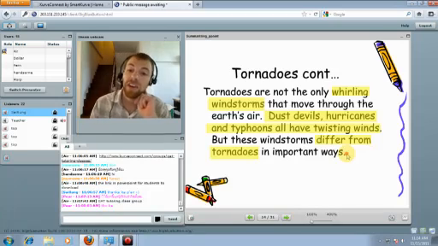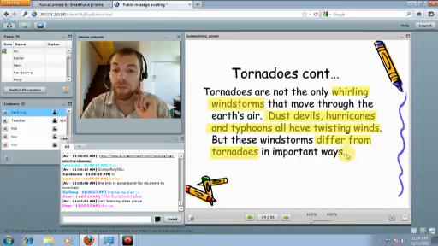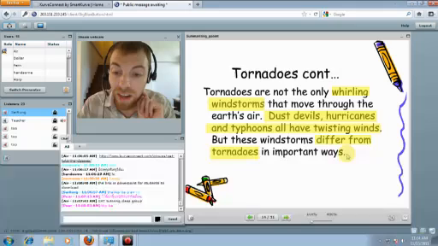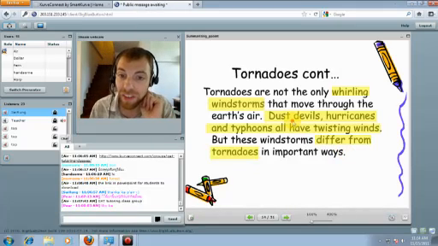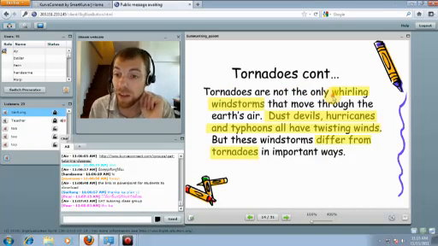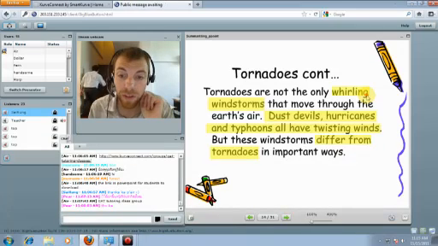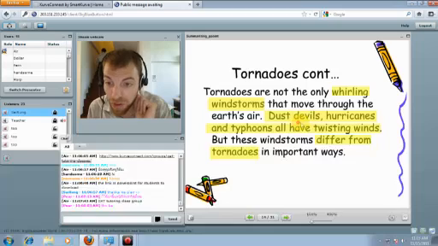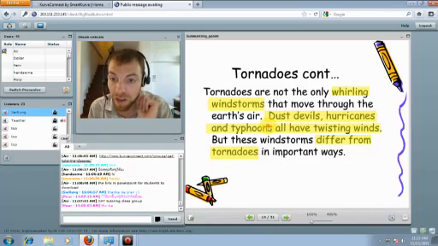Now here, this is a good example of the main idea. It's not in the beginning. The beginning sentence helps us understand that we're going to talk about something different, but the main idea really comes in the middle, right here.